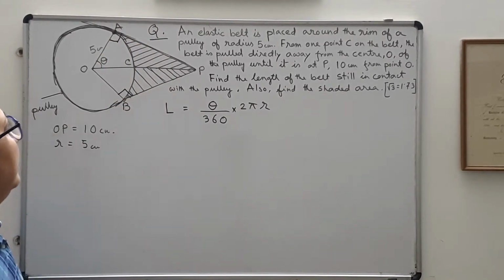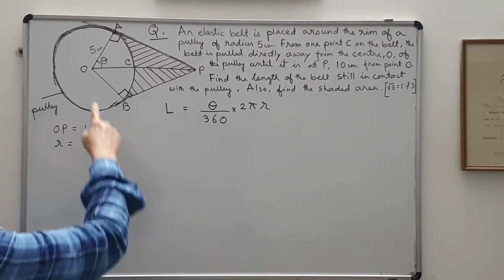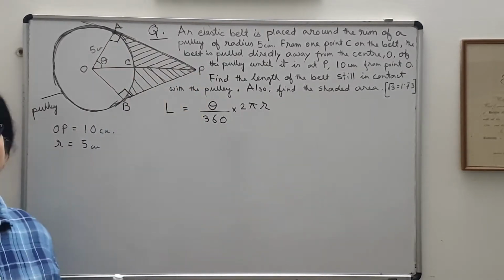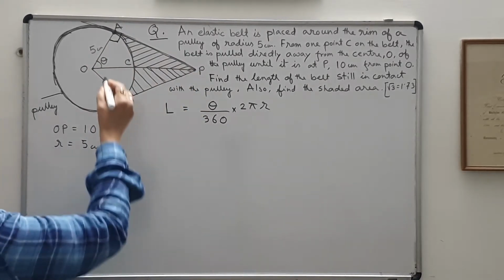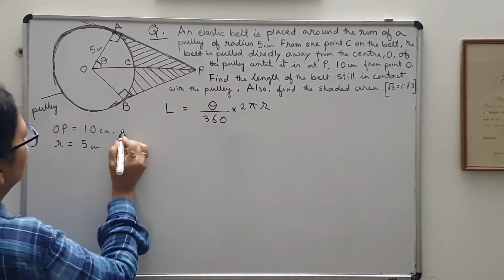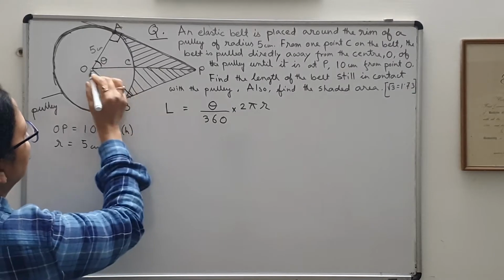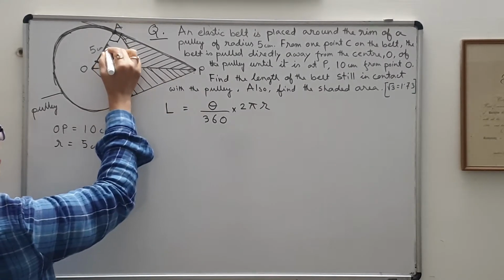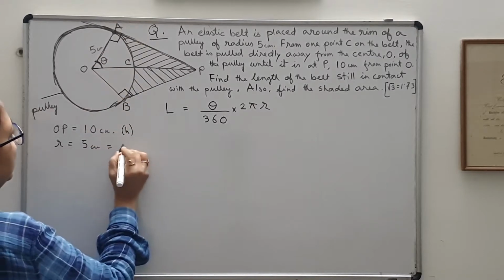Okay, and you see, this is a right triangle, OAP is a right triangle, so I can use trigonometric ratios. So this is our theta. Now which sides are known to us? This OP is the hypotenuse, this is known to us. And if this is theta, then this is the adjacent side, so OA will be our base.